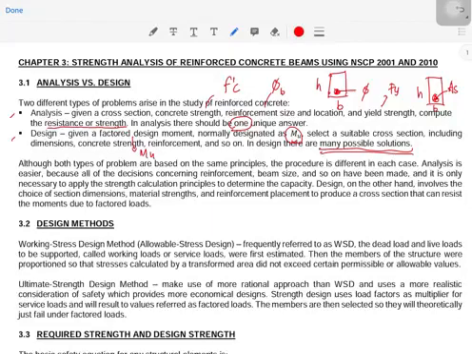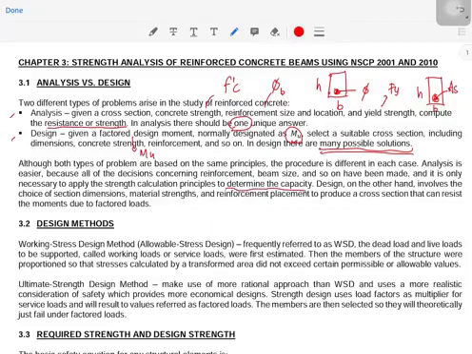Although both types of problems are based on the same principles, the procedure is different in each case. Analysis is easier, because all of the decisions concerning reinforcement, bar size, and so on have been made, and it is only necessary to apply the strength calculation principles to determine the capacity of your beam.